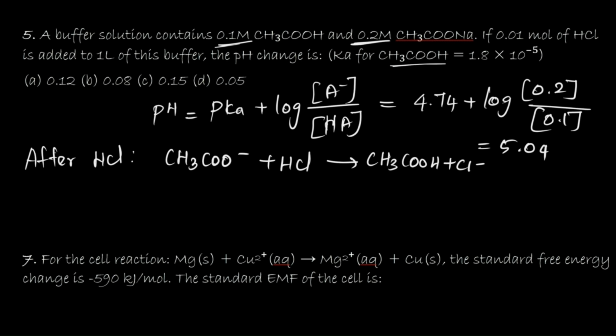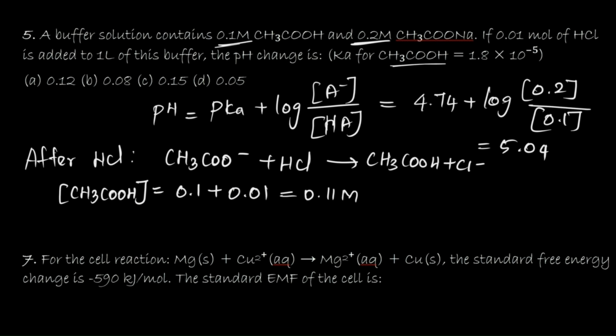So the acetic acid concentration would be 0.1, which is already there, and 0.01, which we got from adding HCl. Are you getting my point? So the concentration of acetic acid will be the addition of 0.1, which is already there, and 0.01 after adding HCl. So in total it will become 0.11 molar.